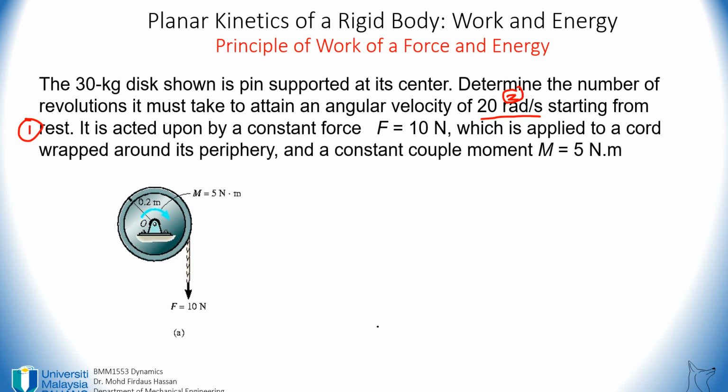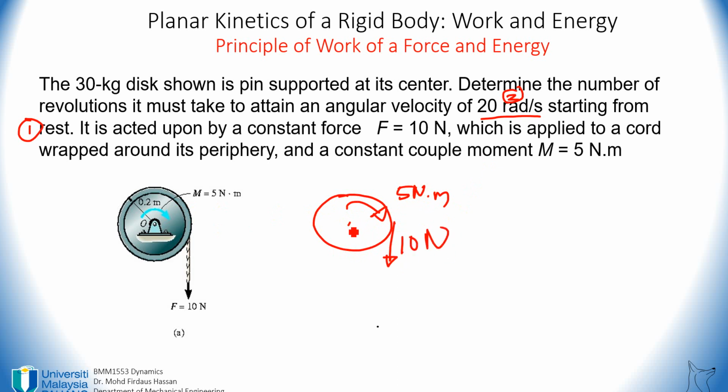So what should we do? As we have done in force and acceleration, we draw the FBD. From the FBD, we know what forces act on the rigid body. Here we have the external moment, 5 Newton meter, and the external force here, 10 Newton.